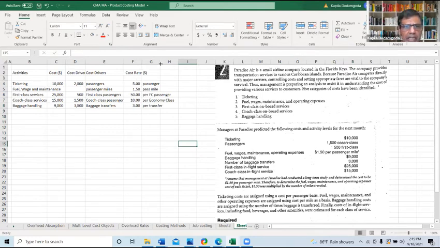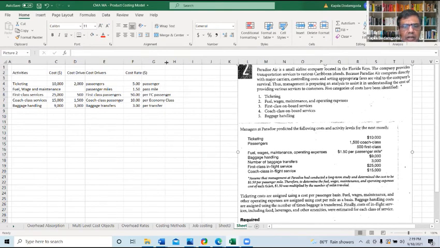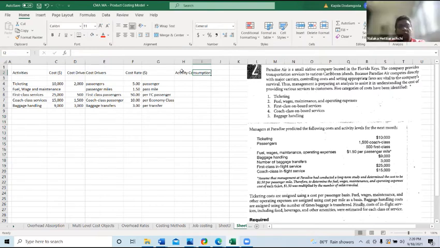Right, and then when you have that, now it is very straightforward. Now what we need to do is calculate the activity consumption, and then the cost charged.